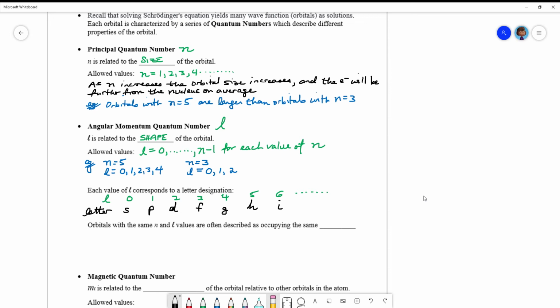The S, the P, the D, and the F letter designations actually come from early studies in spectroscopy. And then once we figured out that there were actually more values of L, we said, you know what, let's pick up with this alphabetically, which is probably what we should have done in the first place, but we're going to stick with the historical approach.